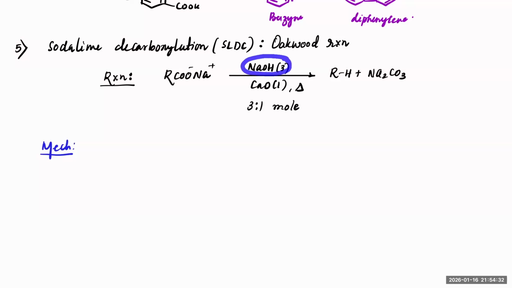When you have the carboxylic salt in the presence of fused NaOH, the first step itself is like this: RC double bond O minus and Na plus. On strong heating, it will break this bond towards the alkyl group here as the oxygen will push here. You will end up getting an alkyl carbanion and carbon dioxide.